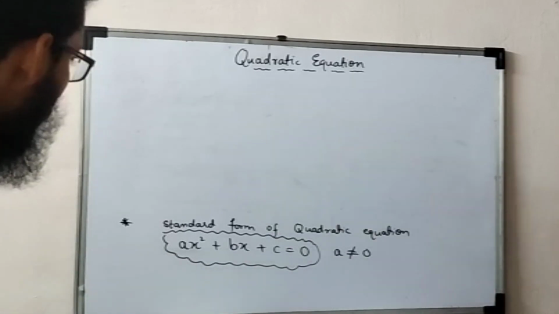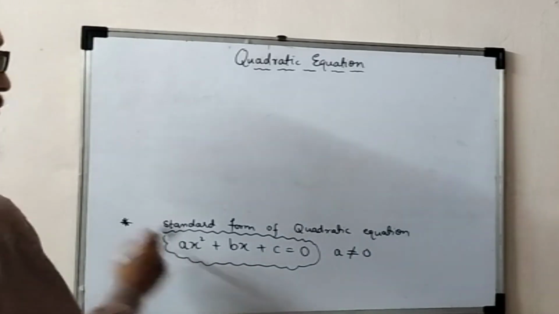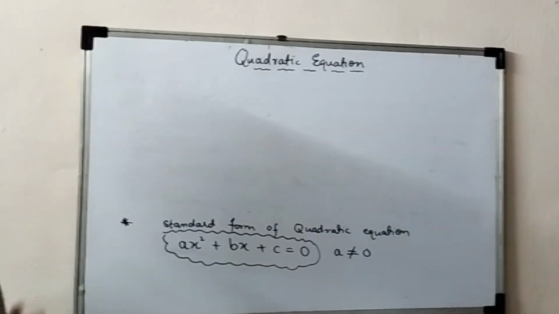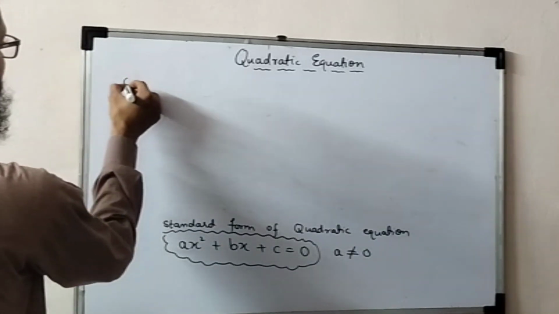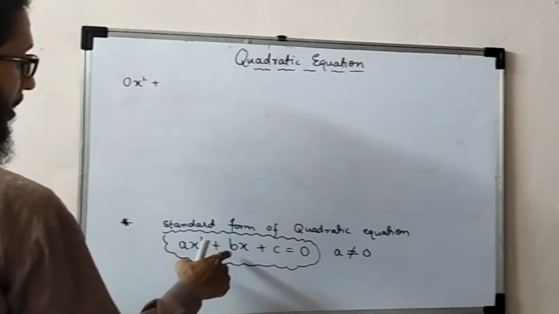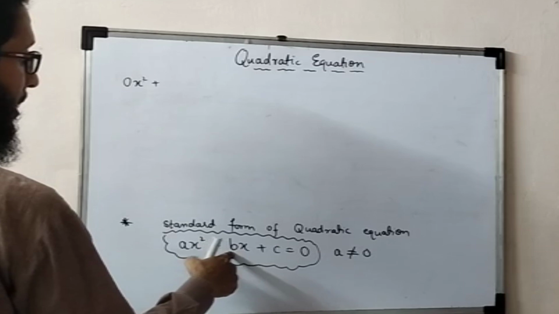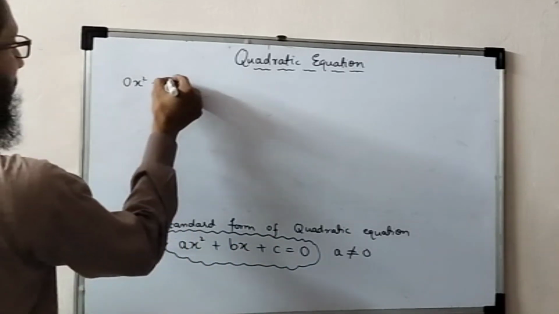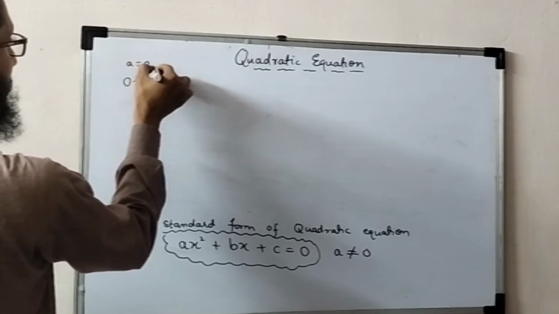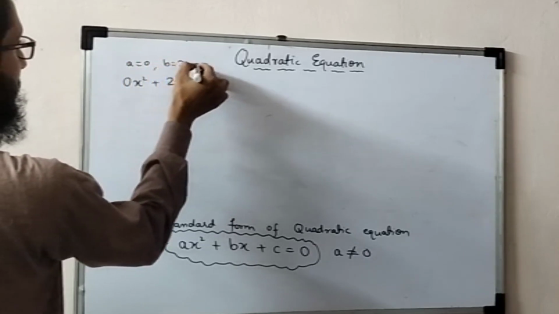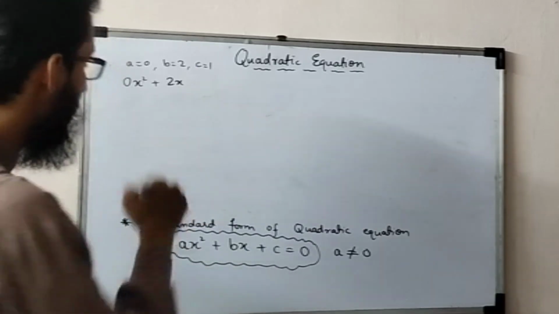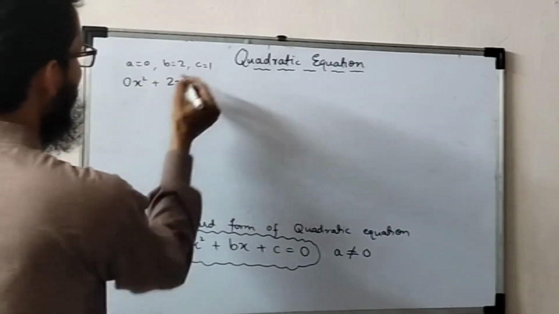How and why? If I put a equal to 0, then this term will become 0x square plus, and if I take b and c as any numbers, let's see, a is equal to 0, b is equal to 2, c is equal to 1. So 0x square plus 2x plus c, what is c?